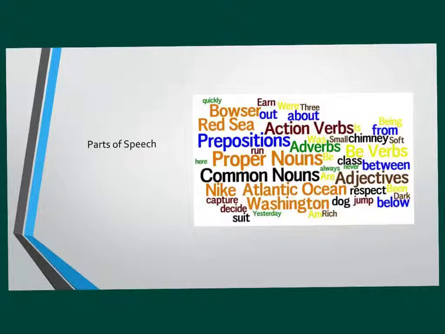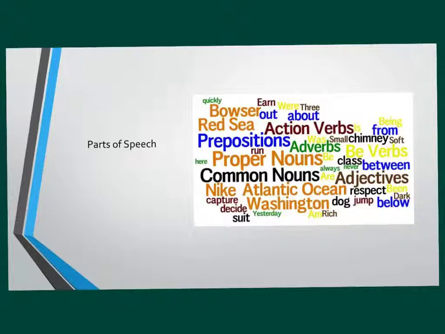Even if you posted this for students, you can determine that all the color is represented by one particular part of speech. And if you notice a little closer, the words preposition, proper noun, common noun, adjectives, and action verbs are a little larger.